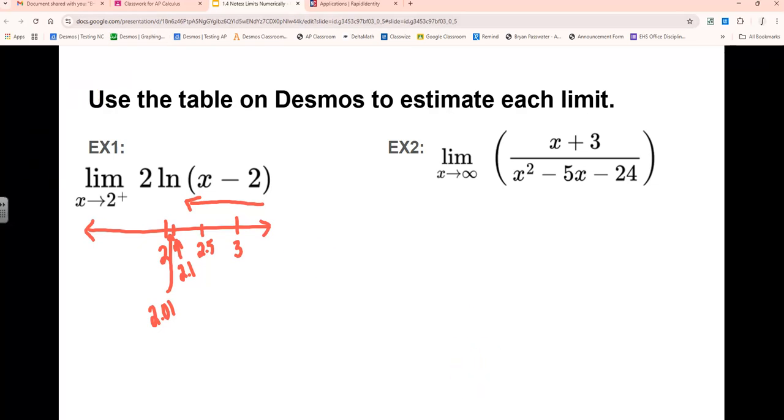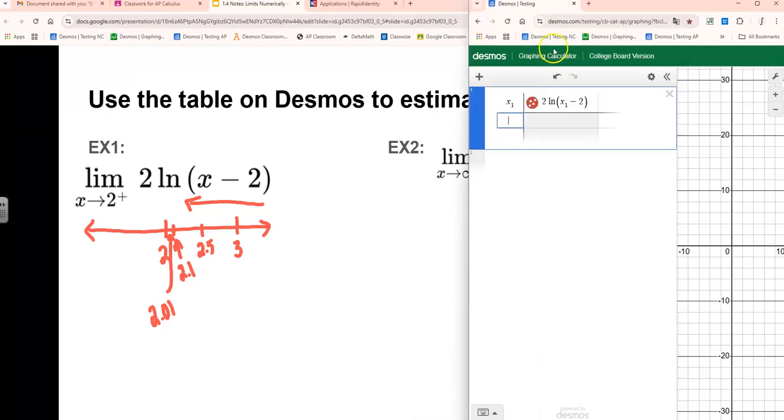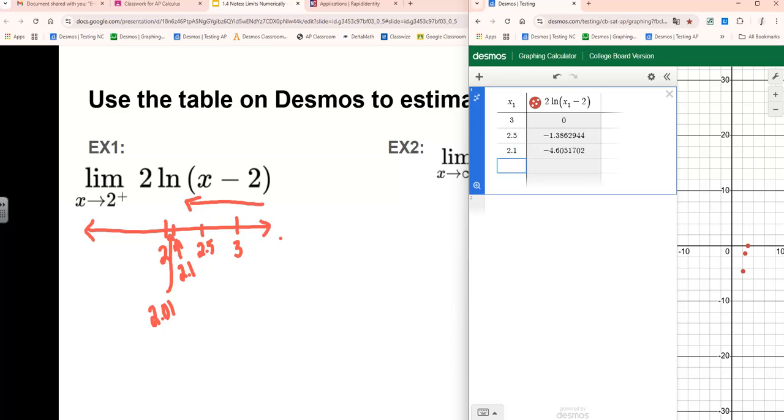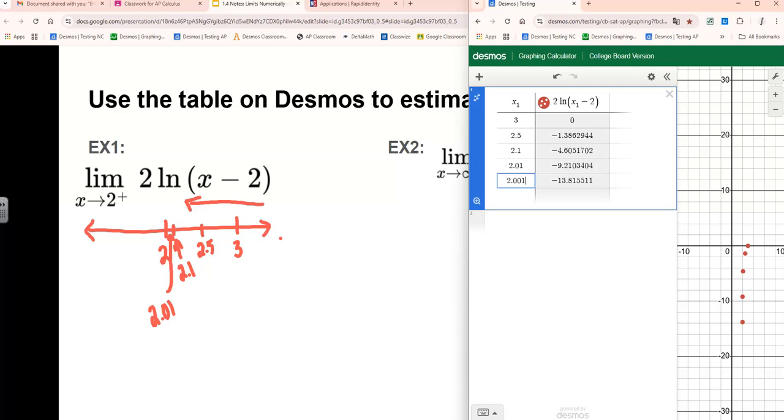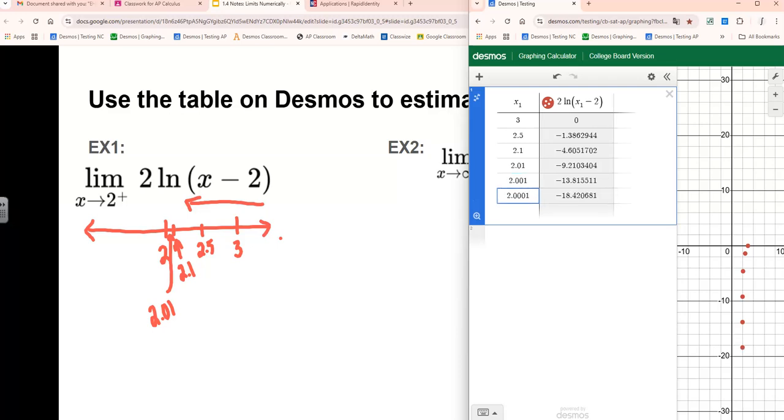Just be careful with it because it gets me sometimes. So in this case, if I put in 3 and then 2.5 and then 2.1 and then 2.01 and then 2.001, 2.0001, what does it look like is happening here?